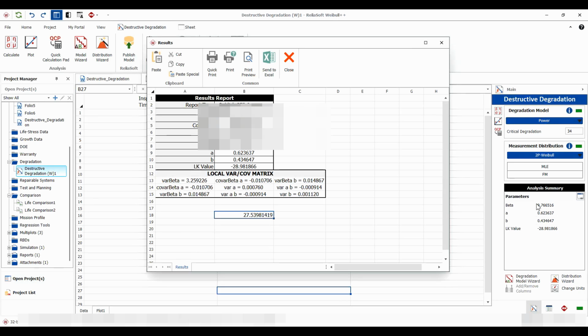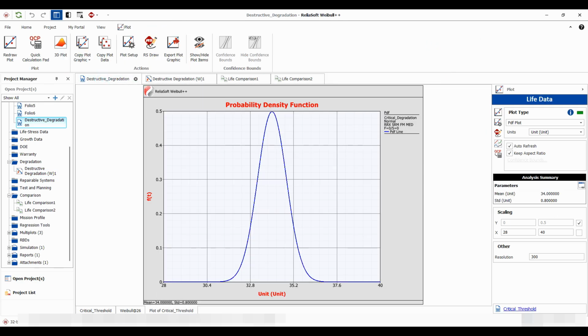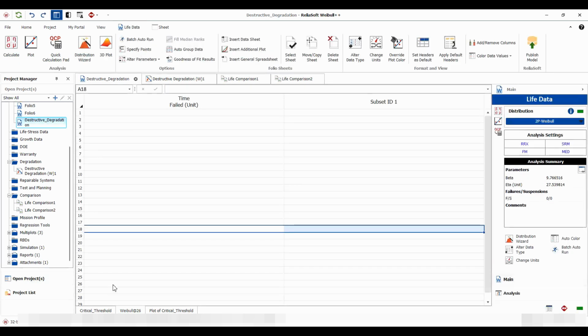Together with the beta, we have the two parameters, and we're going to insert them here. So we've inserted in the first sheet the parameter of the normal distribution, the critical threshold, and now here we've inserted the projection of our degradation after 26 weeks.